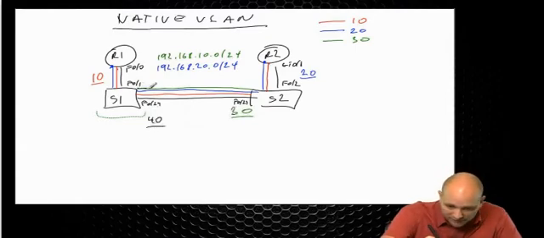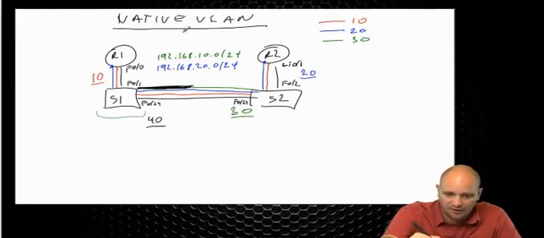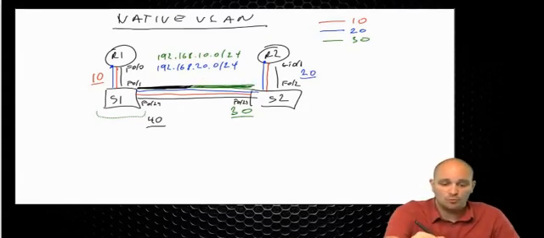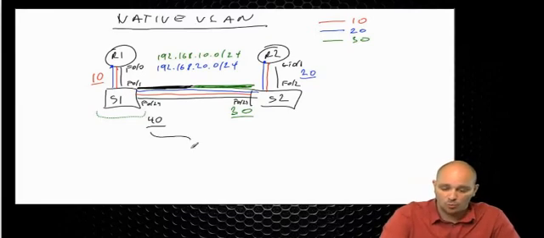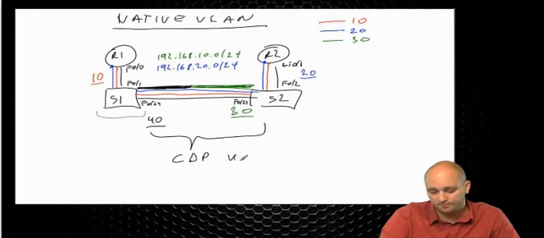So I do have this kind of unusual situation. This side thinks the native is VLAN 40, and this side here thinks that the native is VLAN 30. And obviously, when you have this situation, what you are going to get is the CDP native VLAN mismatch.